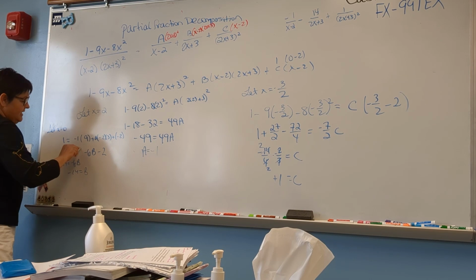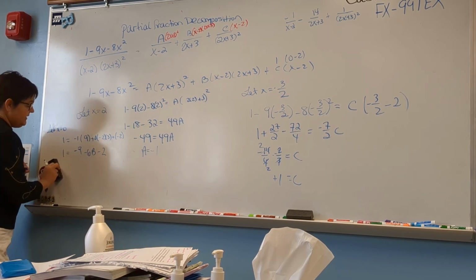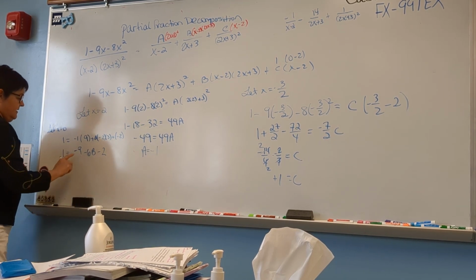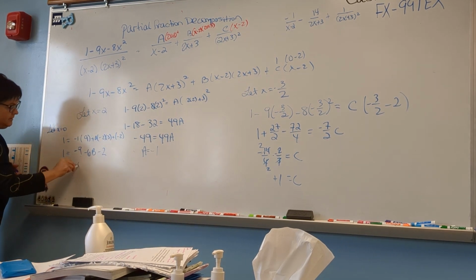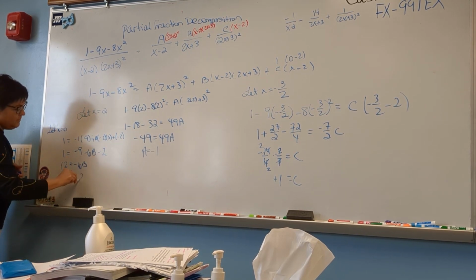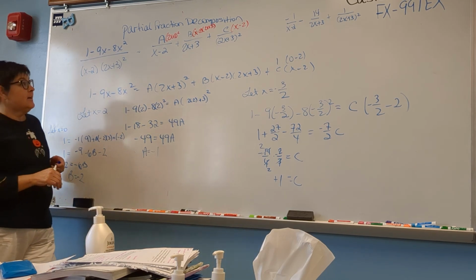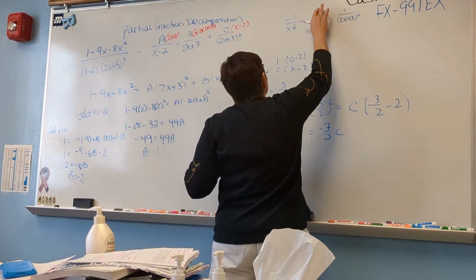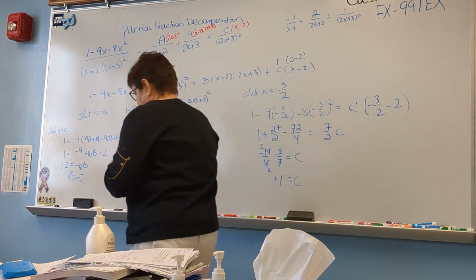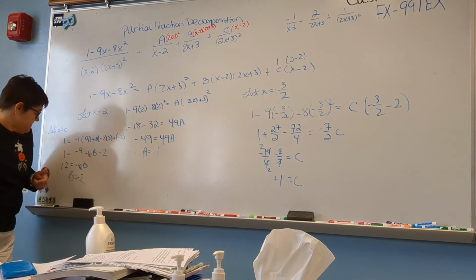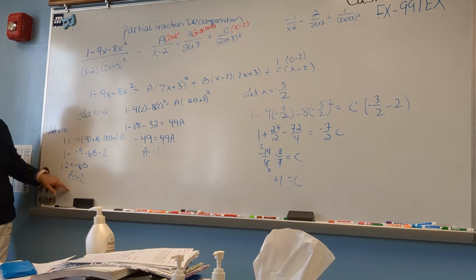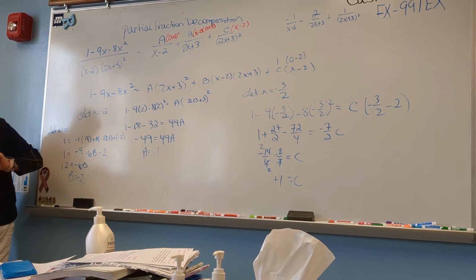So it's negative 9 here. But it's still very nice. So B is negative 2. Is that what you guys got? That should work now, yes? Okay, so that's case 2.